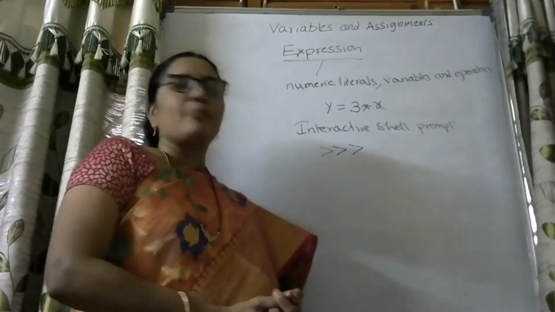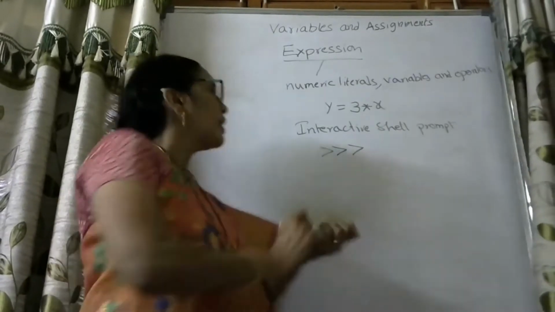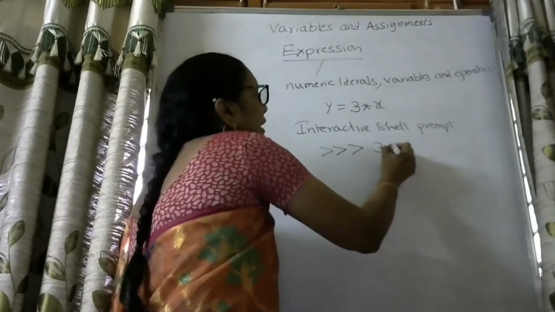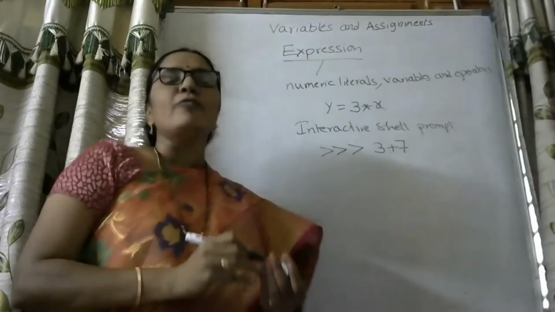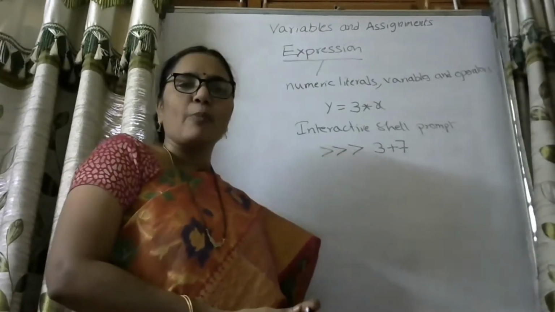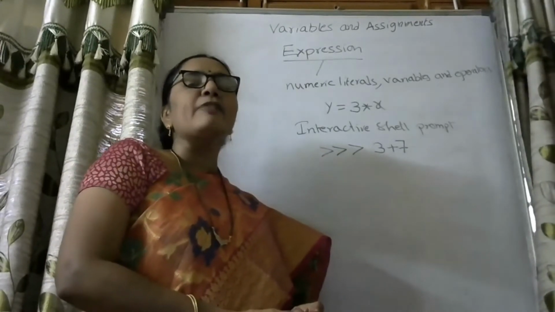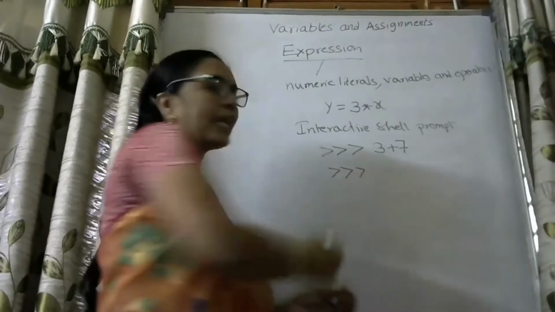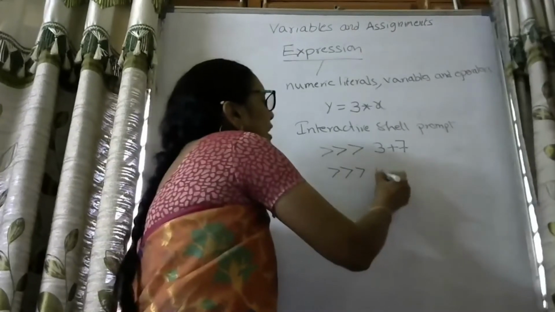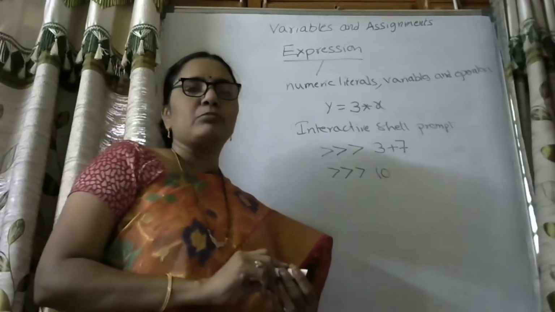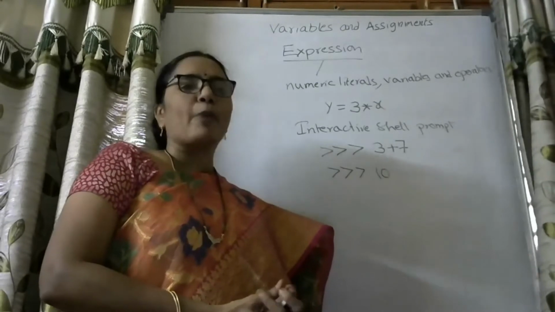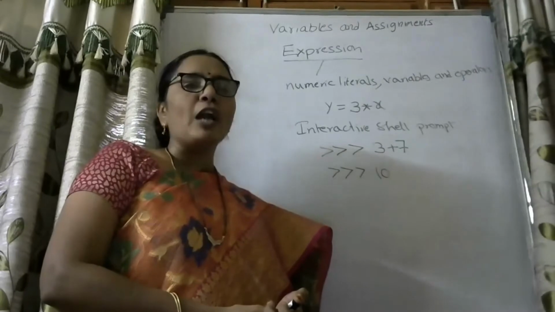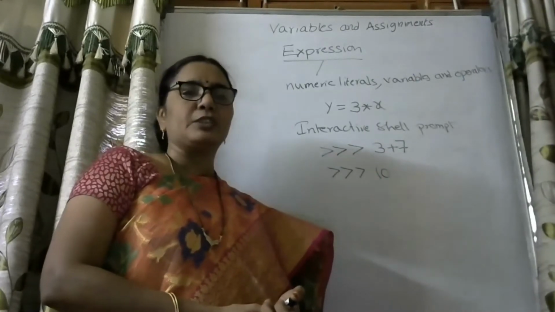Let me show how it evaluates the expression. If I write the prompt and type the expression 3 plus 7, which consists of 3 and 7 as the numerical literals, and press the enter key, the prompt will appear again on the screen, displaying the result of the expression. So the interactive shell prompt acts as a calculator to evaluate expressions.